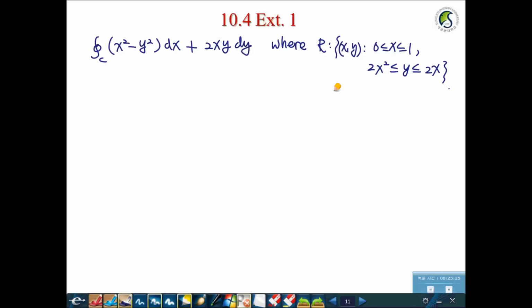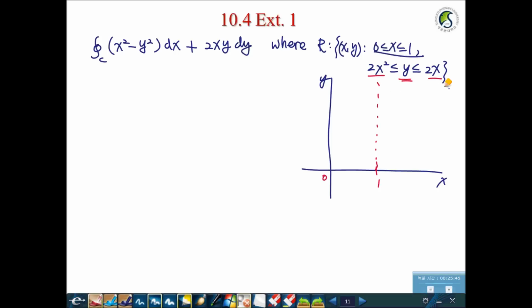So we have to first draw the region. x is from 0 to 1, and y is bounded by 2x squared and 2x, so we first draw these two functions. 2x is like this, and 2x squared looks something like that.